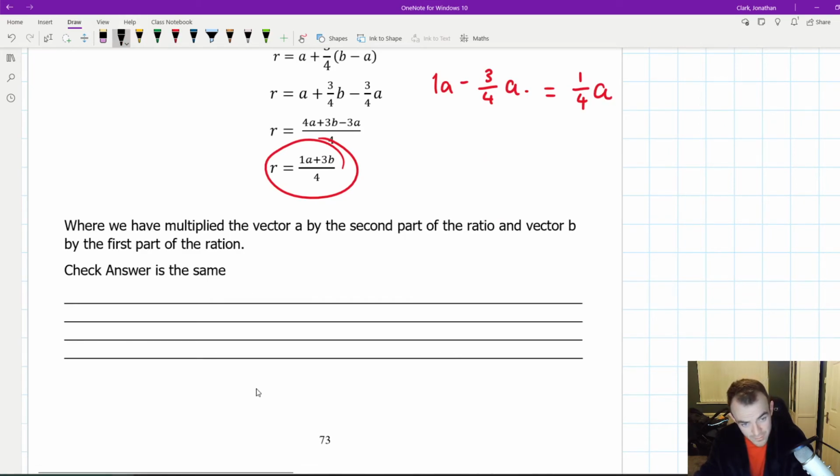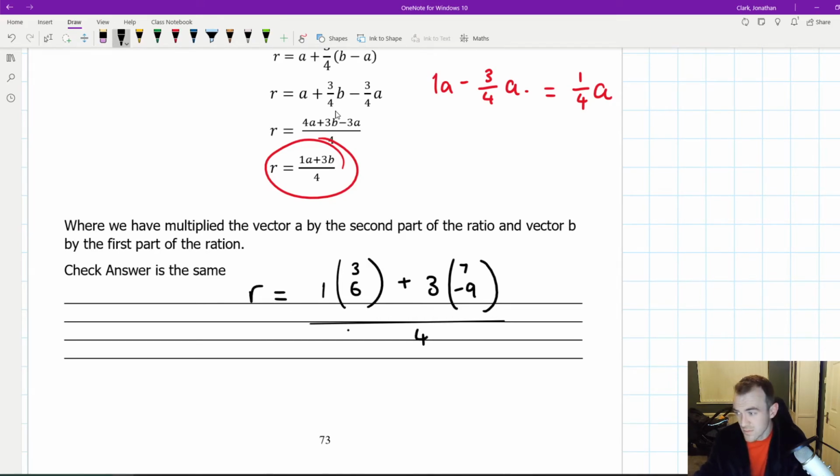So let's do that. We're going to work out 1 of the vector A, which was 3, 6, plus 3 of the vector 7, minus 9. And once we've done that, we're going to divide our result by 4. Let's see what it gets. So this is just going to be 3, 6. 3 times 7 is 21. 3 times minus 9 is minus 27.